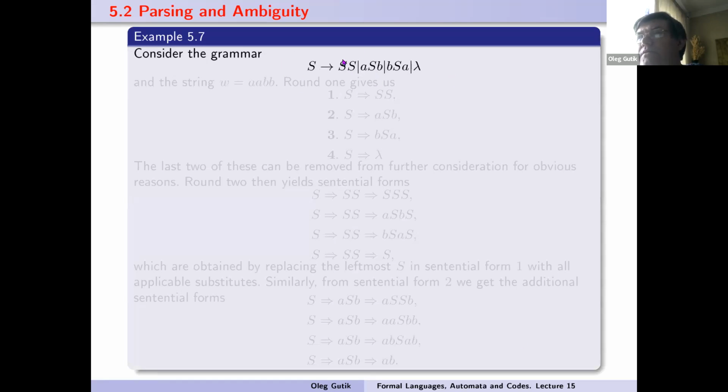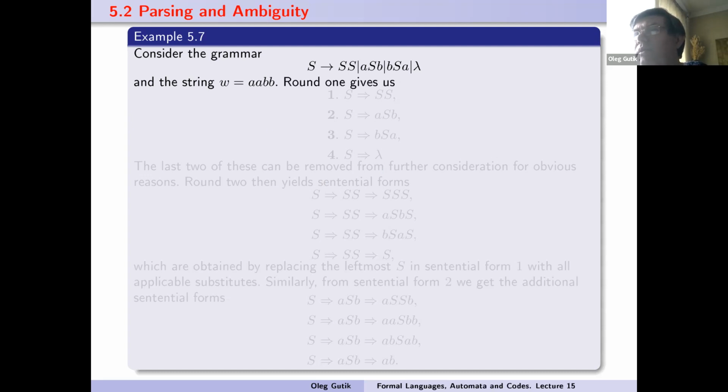Consider the following grammar: S into SS, or a S b, or b S a, or lambda, and the word w equal to aabb.